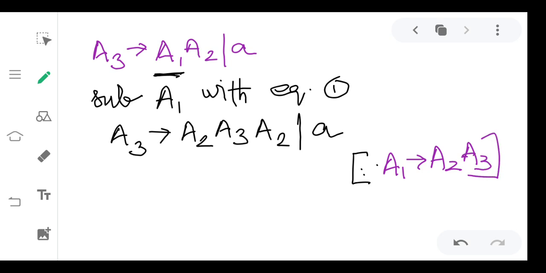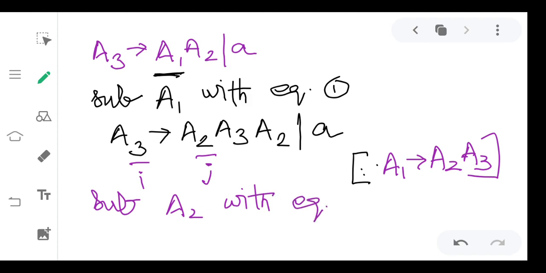Okay, now we have to check again whether j is greater than i. Here also j is not greater than i. So again we have to substitute A2 with equation 2.